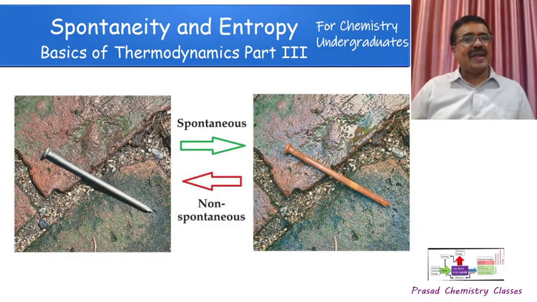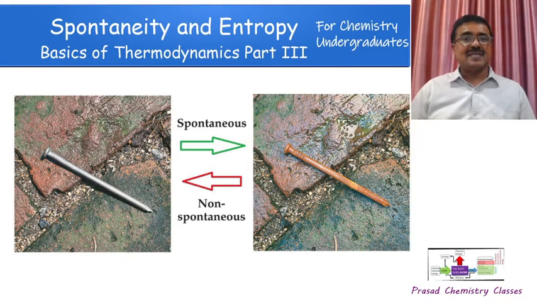Rusting of an iron nail in an open atmosphere. The atmosphere will have oxygen and some moisture, we know. If the temperature and moisture content change, or some other factor like salinity changes, the rate of rusting will be different. Such factors we are not taking into consideration. But we know rusting of iron is a spontaneous process.